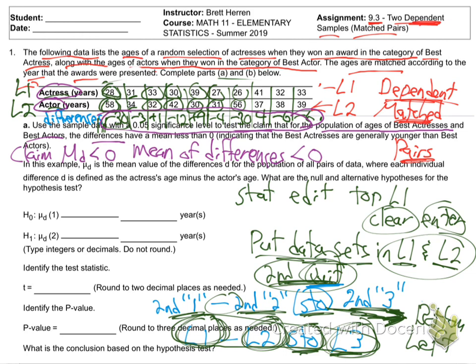That's the claim, meaning that the actress is younger, which they usually are, right? Because if you take L1 minus L2, the actress minus the actor, and you get something less than 0, something negative. Numbers that are less than 0 are negative numbers.